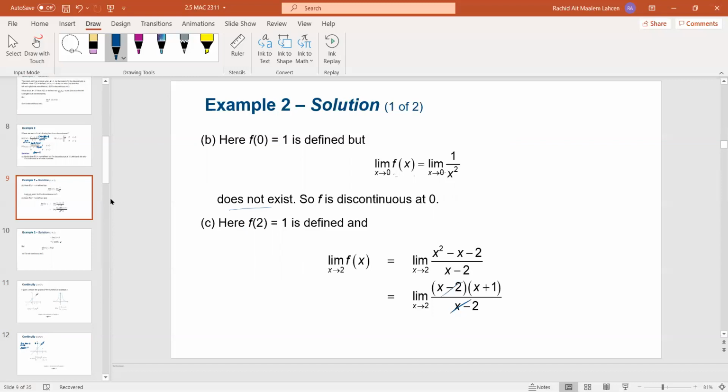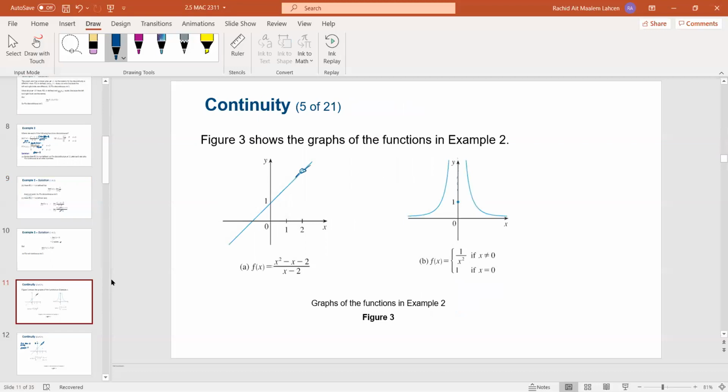Some people argue about that, but infinity is not a value or a real number. So it's going upward on both sides. However, it's not defined there. And it is discontinuous at 0, all right? And that's clear.